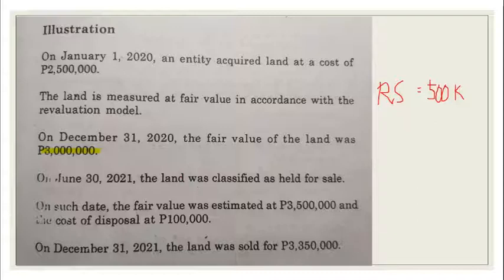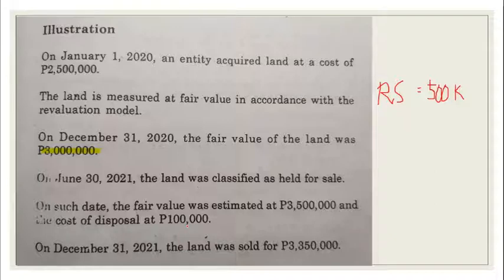Now, on June 30, 2021, the land was classified as held for sale. On such date, the fair value was estimated at 3.5 million and the cost of disposal at 100,000. So what will you do? You need to revalue the asset first, before you take it from its carrying amount.